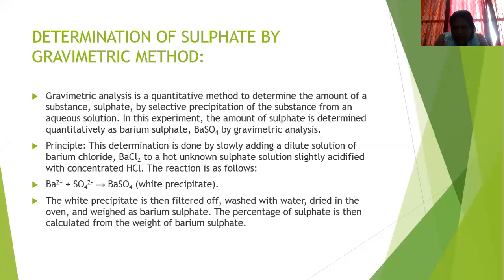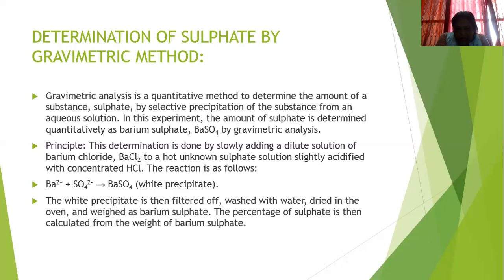For example, you can prepare a dilute solution of potassium sulfate or sodium sulfate or any other sulfate which is soluble in water, otherwise you cannot prepare an aqueous solution. So take a sulfate salt which is soluble in water and dissolve it in the water.